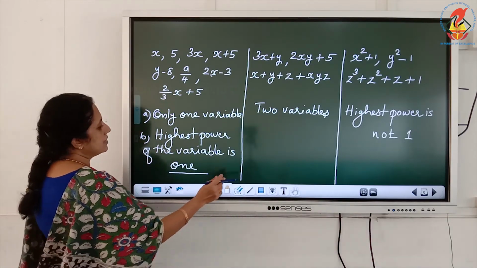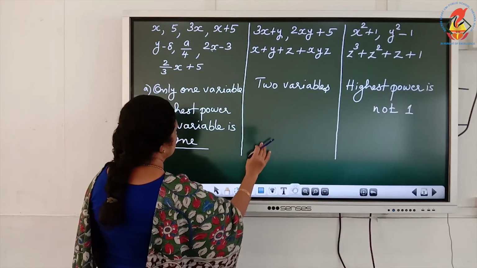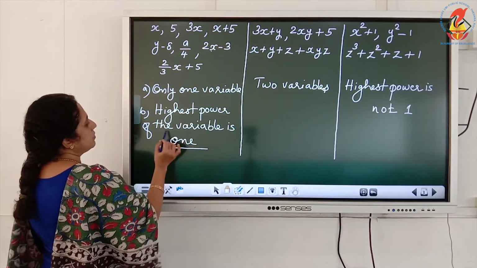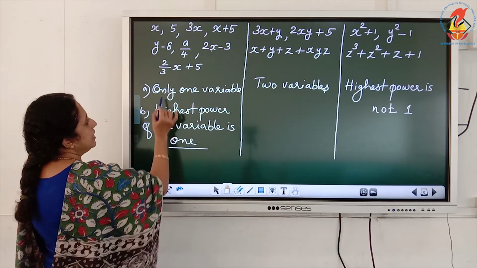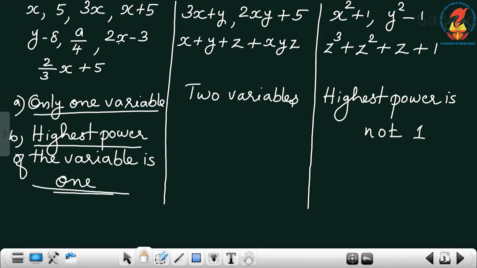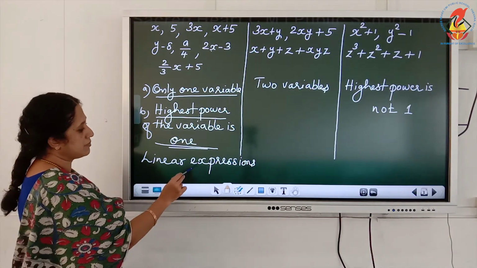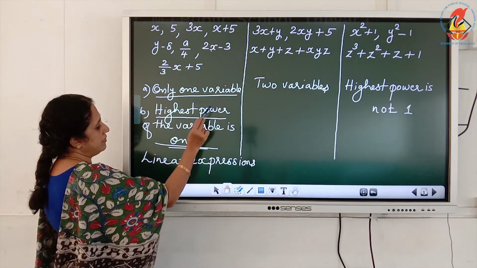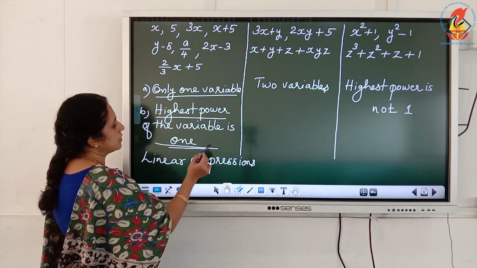Now, if you consider the algebraic expressions in which the highest power of the variable is 1 and which contain only one variable, we can call this type of expression a linear expression. So, what is meant by linear expression? A linear expression is an expression which contains only one variable and the highest power of the variable is 1.